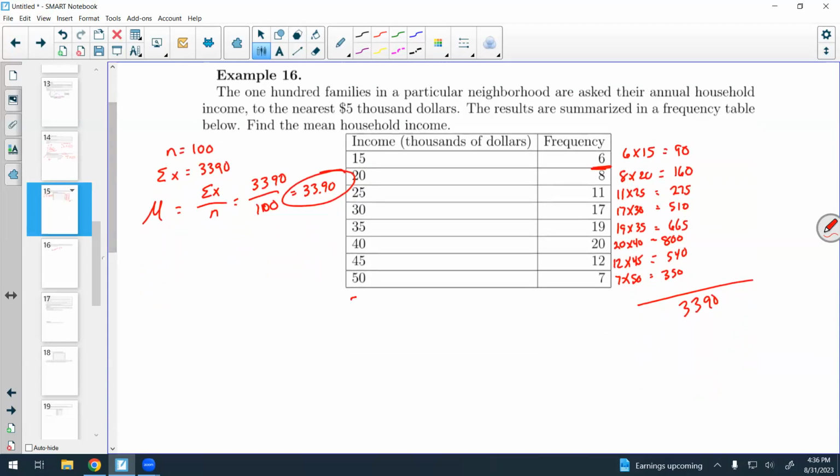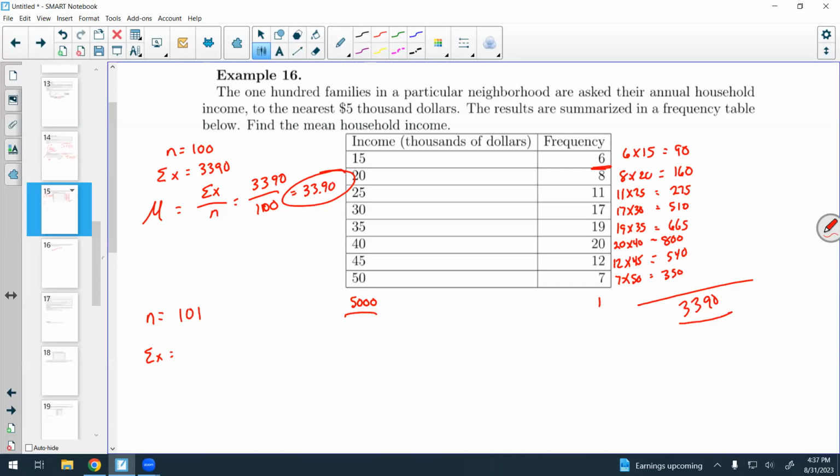So there's this one family that does this. So what's my new N? 101. What's my new sum of all the x's? Well, this is the sum before.